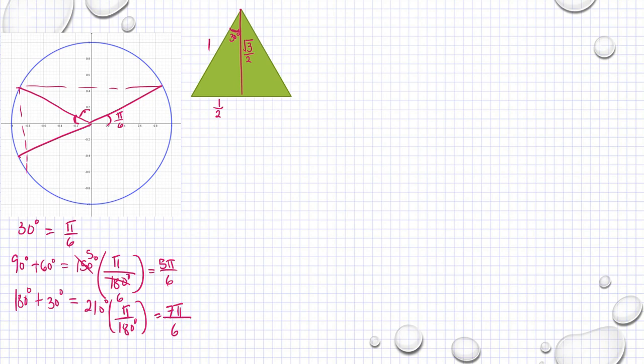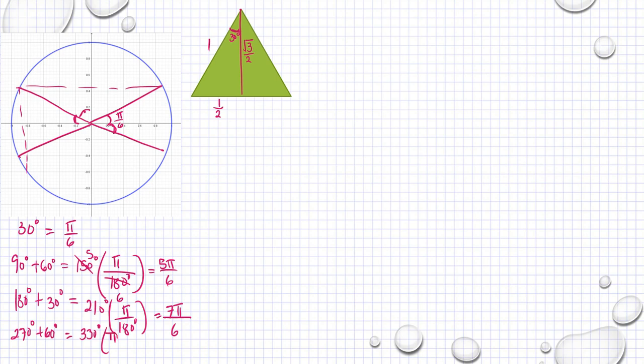For the last one here, we have 270 degrees plus 60 degrees, then we have 330 degrees.